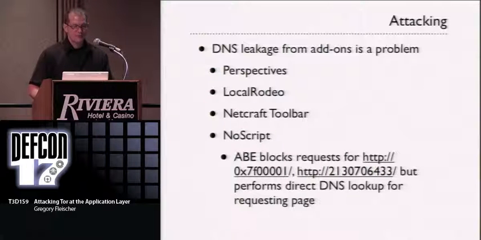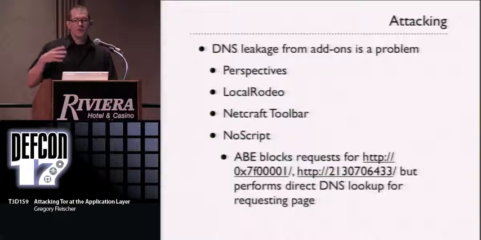Now, I thought this was pretty funny. A lot of people love NoScript, and I use it too. But it added a new feature called ABE, and ABE re-implements a lot of the Local Rodeo functionality. But when it does this, if you make requests to these alternative localhost ones, this dword one and this hex one, it's going to go out and perform a direct DNS lookup based on the page that you're currently on.